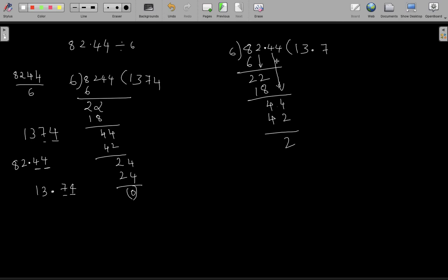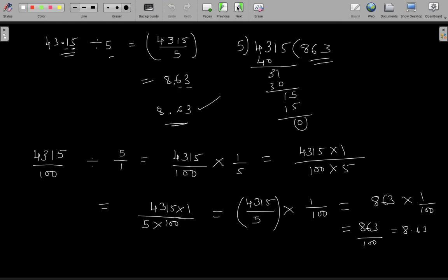Now you have 2. Now you bring down the next 4. 6 fours are 24. The remainder is 0. So in this case the answer is 13.74. You can do it by any method of your choice, but doing it using this direct division method is quite simple, right?